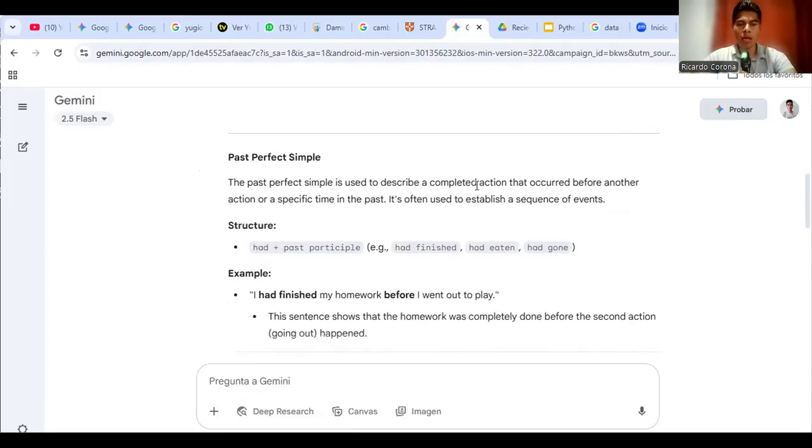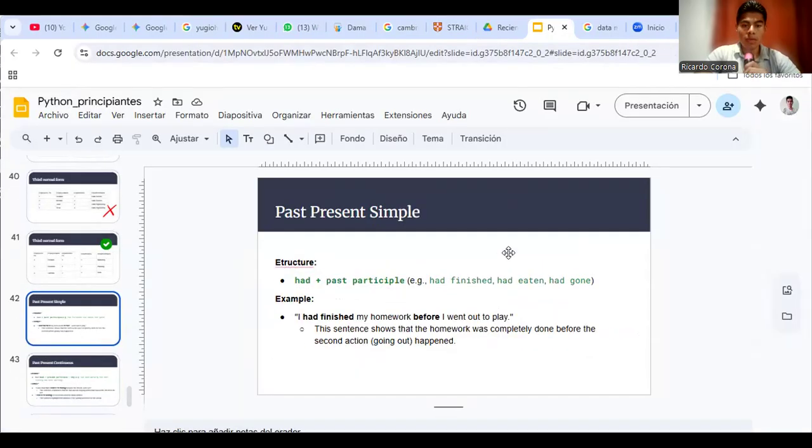For example, this is the structure for the simple form.